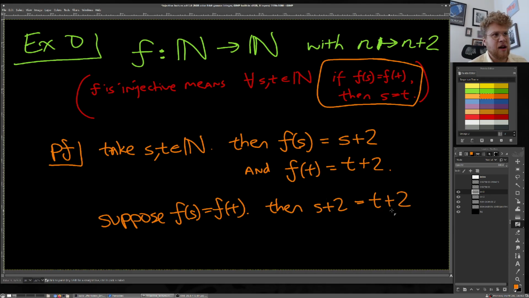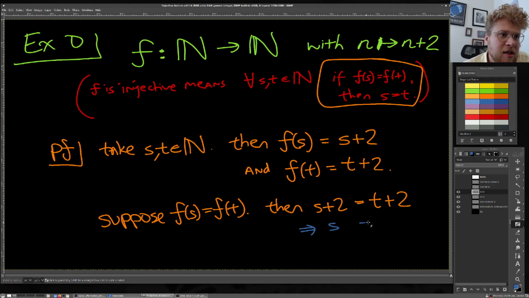And now we just have 2 natural numbers, and we understand how operations with natural numbers work. Or, you know, they're a subset of the real numbers. We understand how operations involving real numbers work. We don't have to pretend like we don't. So if these 2 numbers are equal, we're allowed to simply subtract 2 from both sides.